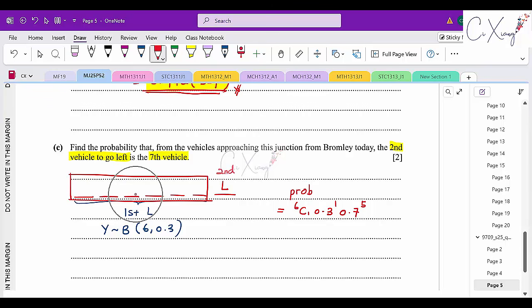This is for the first 6 vehicles here. After that, the 7th vehicle must be the left, so I have to multiply with 0.3. From here, what is the probability that we get? By right, it's a long value, so I cut it short into 3 significant figures. It should be 0.0908.